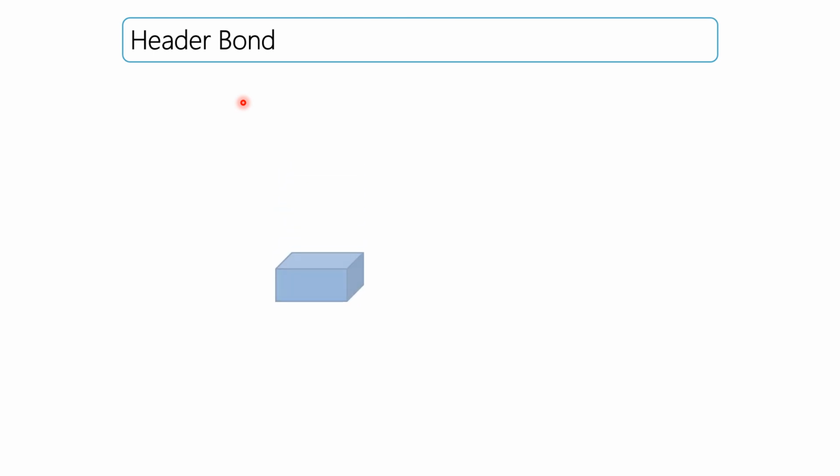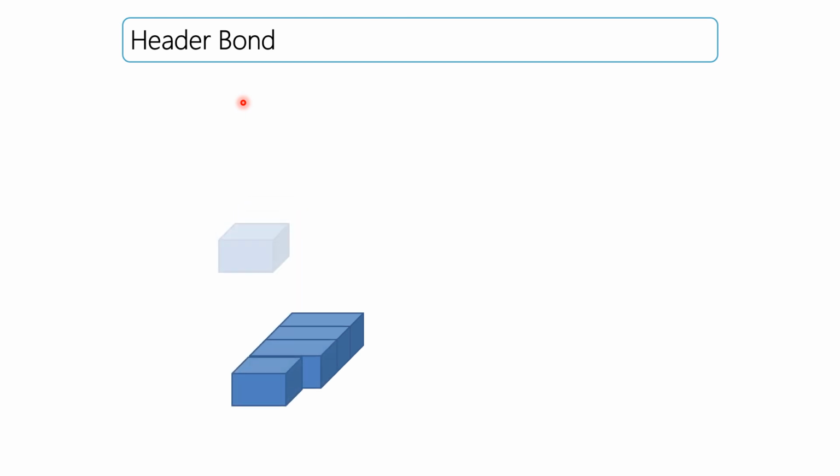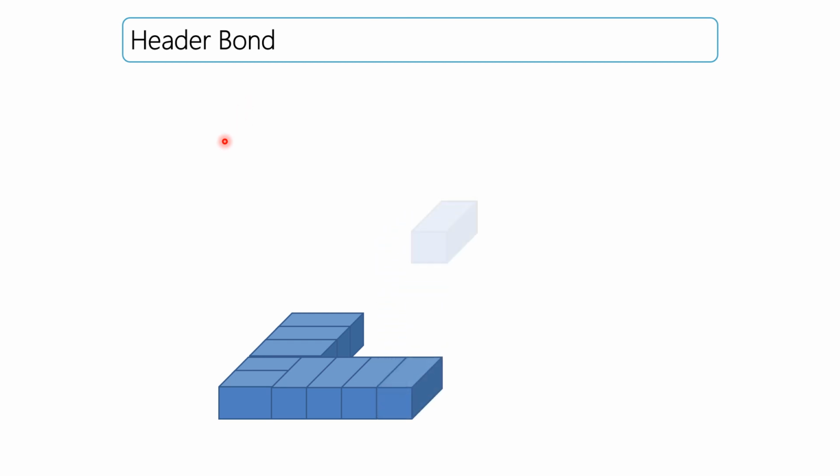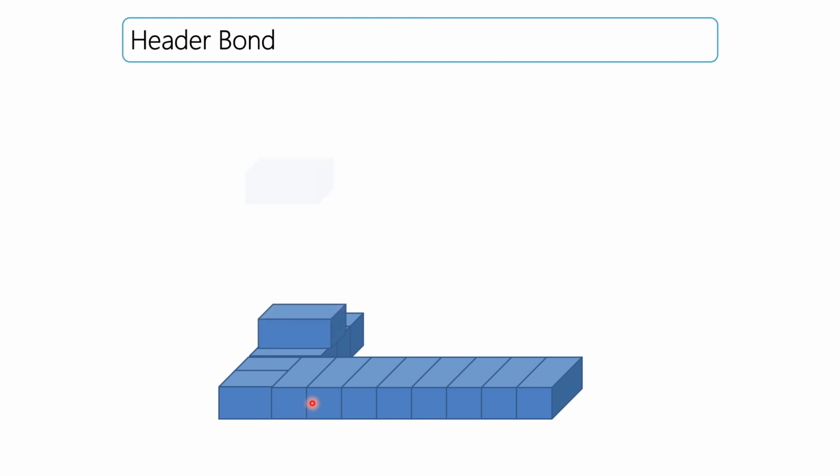Now header bond. These are bats. The 3 by 4 bat or half bat is used. Why? To make the joint positions alternate.